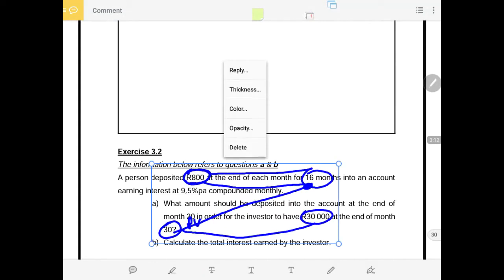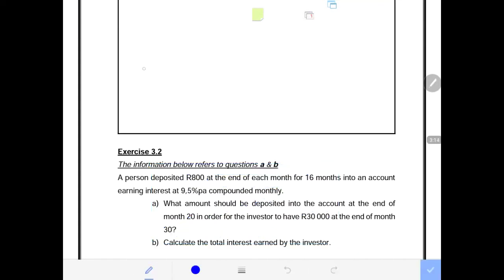So let me just draw a line for you so that we can be very clear of what we're talking about. Month 1, month 2, month 3, 4. Over this period of 16 months, an amount of 800 was paid.